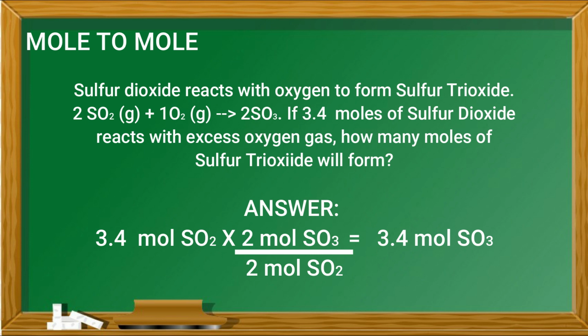So, 3.4 moles of sulfur dioxide is multiplied by 2 moles of sulfur trioxide over 2 moles of sulfur dioxide, and we will get 3.4 moles of sulfur trioxide, since the molar ratio of the two substances is the same.